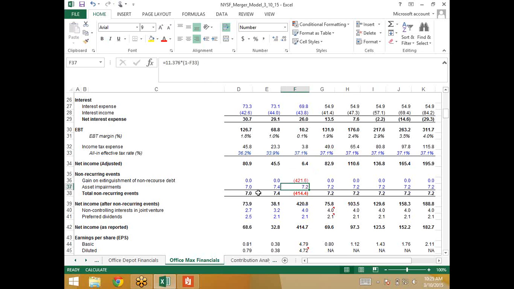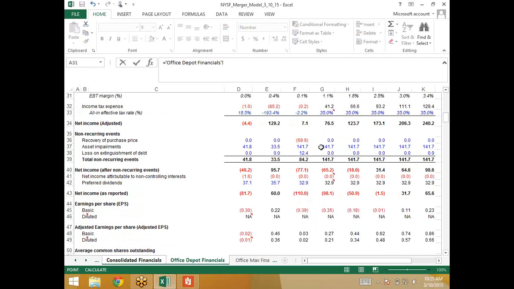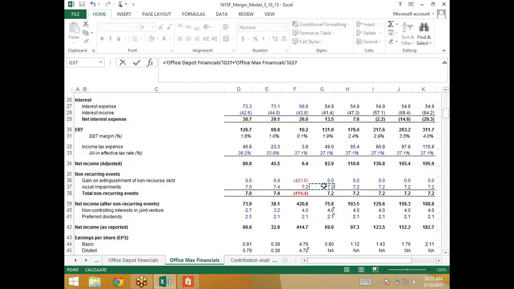Most other non-recurring events, if they're not related to the operations or the assets, you probably wouldn't bring on. Does that make sense? So for non-recurring events, I'm bringing on the Office Depot plus Office Max asset impairments.